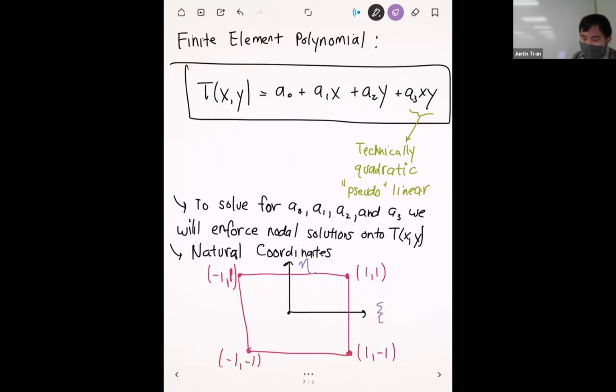Okay, but the way that these actually work in practice is that you can take these shape functions and these natural coordinates, and you can map them onto any physical coordinate or physical element, and so that'll give you a consistent solution. Okay, but we use these natural coordinates just because they're a lot more convenient for formulating the shape functions. Okay. All right, any questions on this before I write out the shape functions for the linear rectangle?